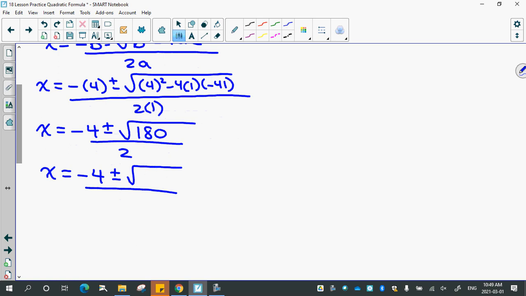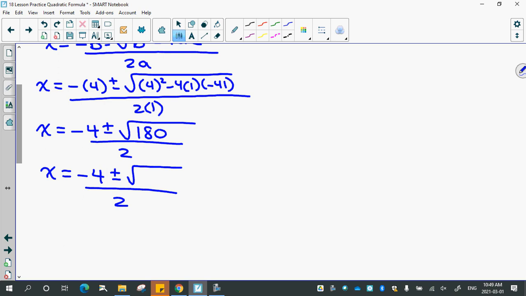So now I'm checking to see whether there's a perfect square that divides evenly into 180. So 9 goes in. I want to see if a higher one goes in. 36 goes in.